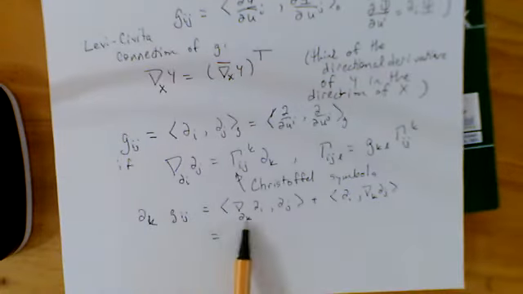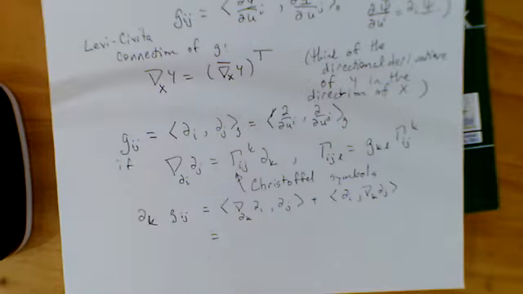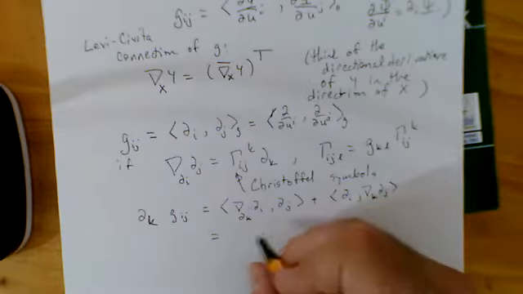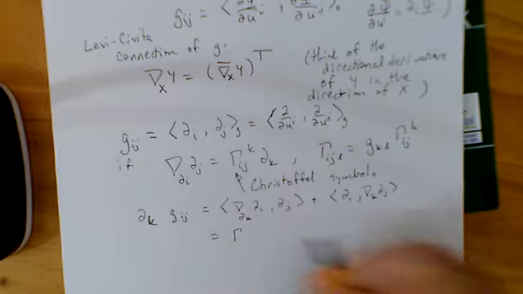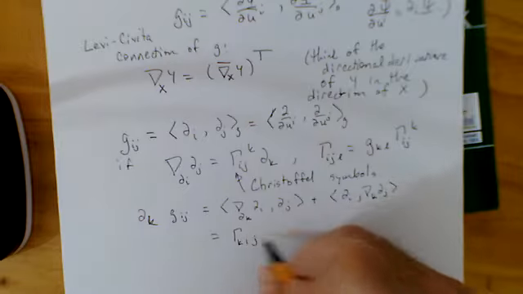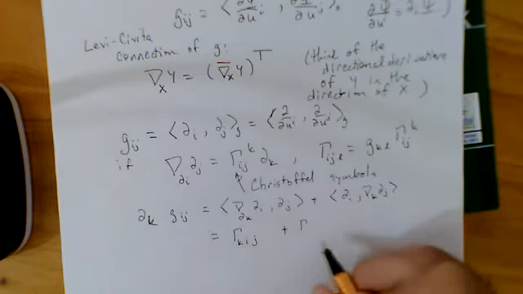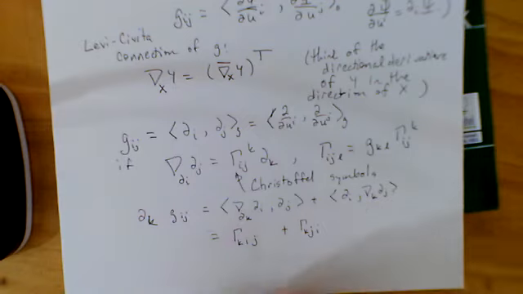This relationship just comes from differentiating the definition of the metric coefficients here. When I do that, I find that this is going to be gamma k i j plus gamma k j i.